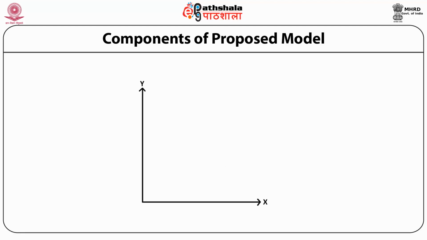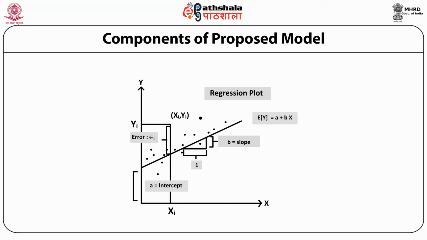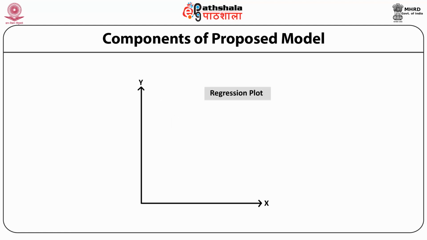In this graph we can see the estimation line and error of estimation, and the estimated value of y, that is equal to a plus bx, and these are the different points which are scattered around the estimation line.